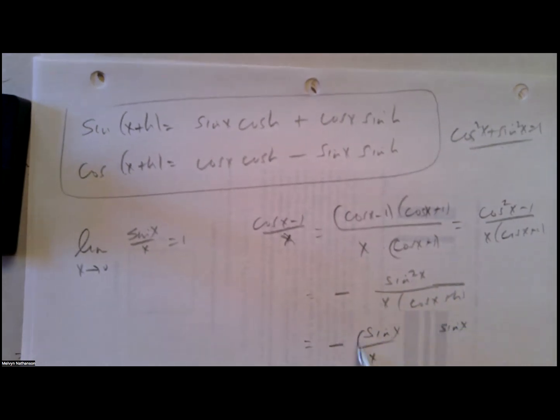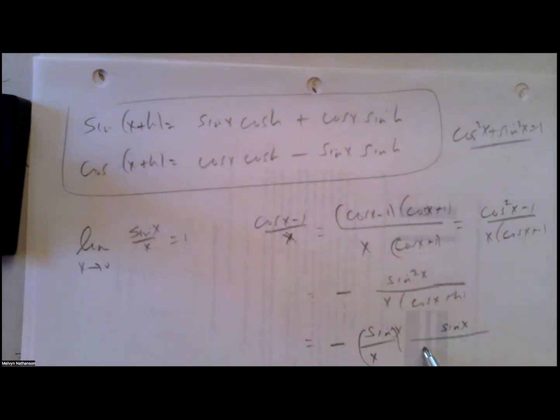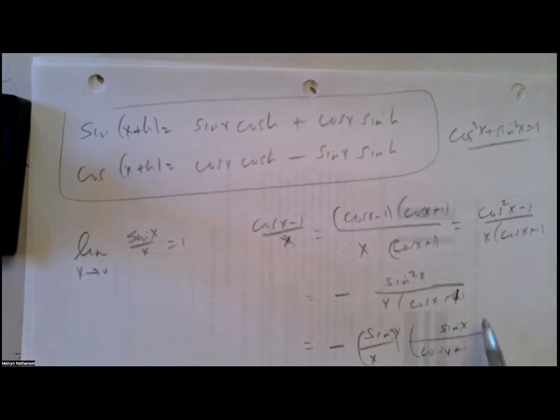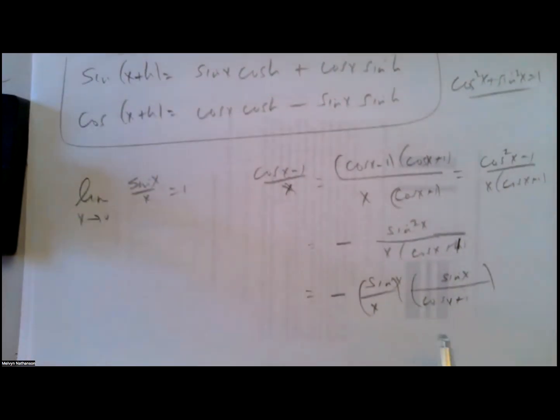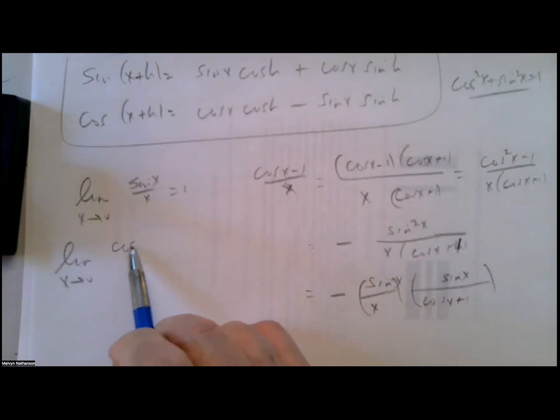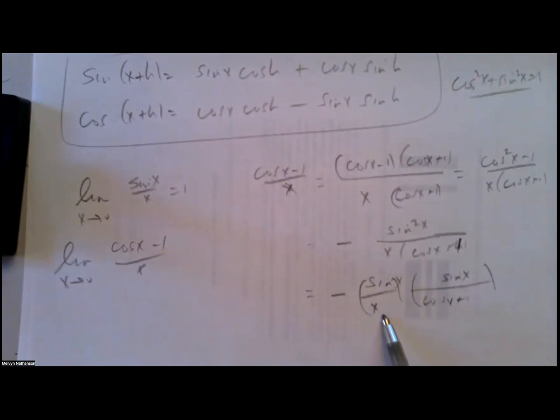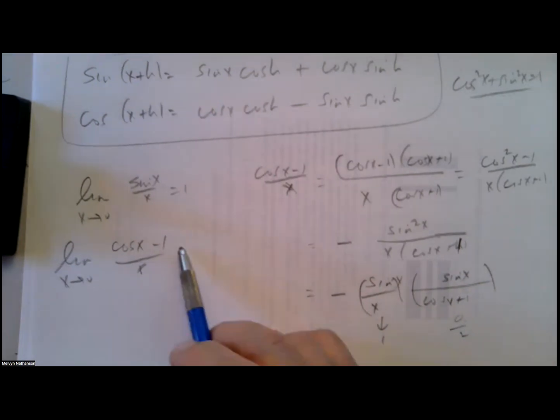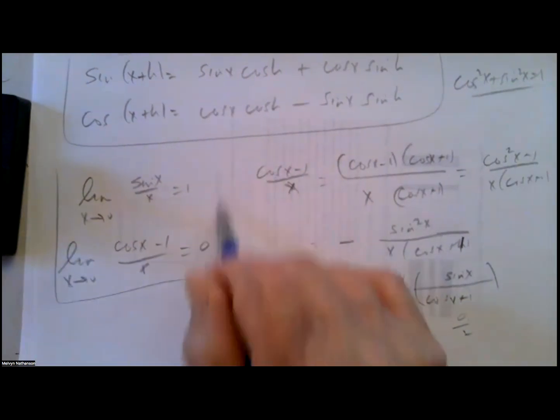So this is sine x over x, sine x over cosine x plus 1. So this is just a way to rewrite this thing. And so what is the limit as x goes to 0, cosine x minus 1 over x? As x goes to 0, sine x over x goes to 1, sine x goes to 0, and cosine x plus 1 goes to 2. And 0 over 2 is 0. So we get this is equal to 0.